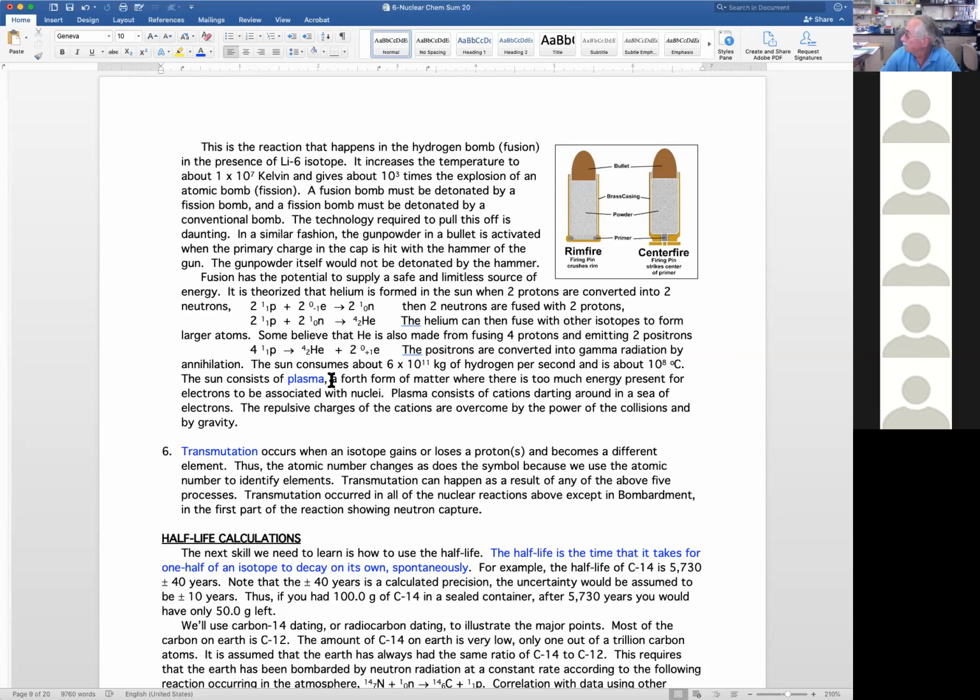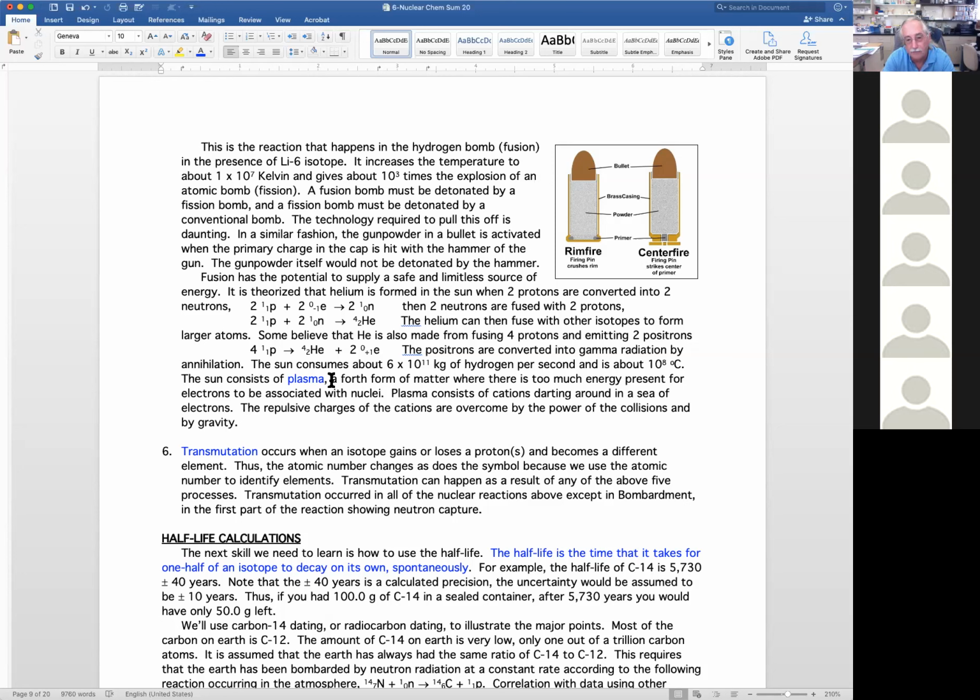So the sun really consists of plasma. So it's really the fourth form of matter. I didn't talk about it because it's really not important here on Earth. So you've got solid, liquid, and gas. In every case you're getting higher and higher temperatures, right?